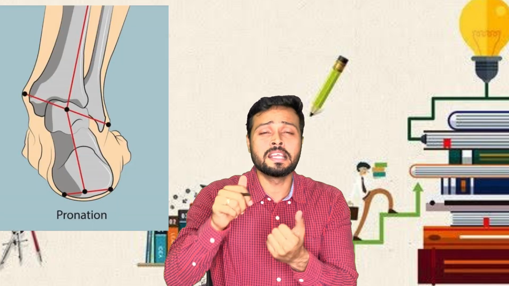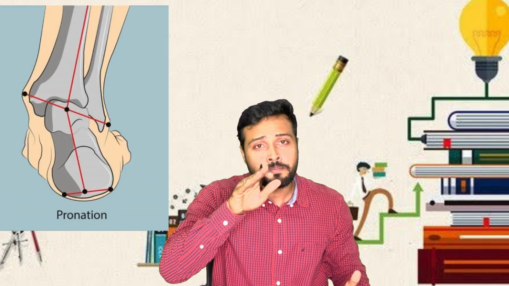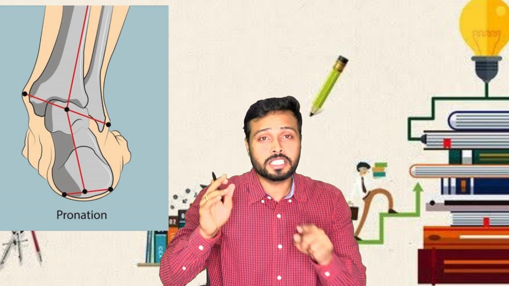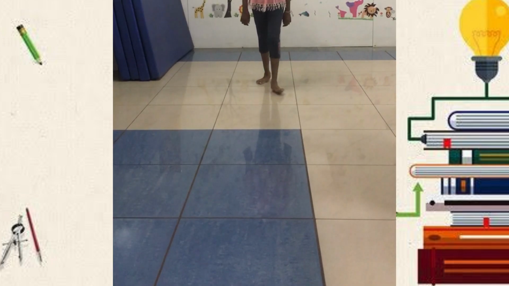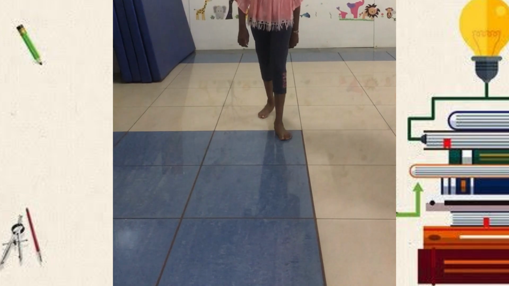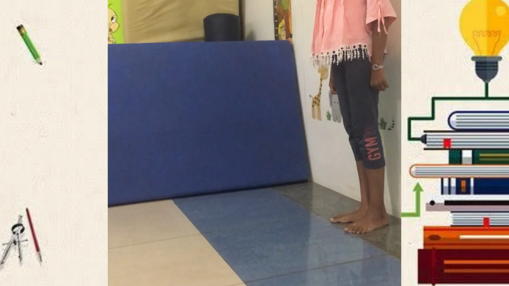Because when it comes to ankle mobility, we have to talk about triplanar movement, which is either supination or pronation. Here the foot goes into pronation. We can clearly see plantar flexion, eversion and abduction of the foot, and because of this, when the patient walks, we can see more external rotation on both feet, and also limited knee extension.